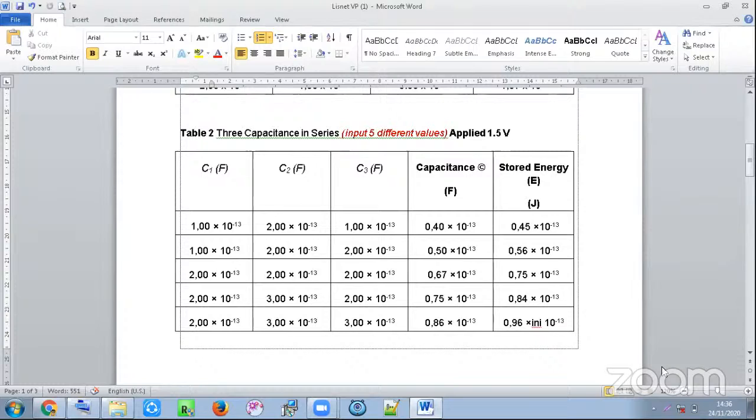The result of capacitance and stored energy are 0.5 times 10 to the power of minus 13 and 0.56 times 10 to the power of minus 13.